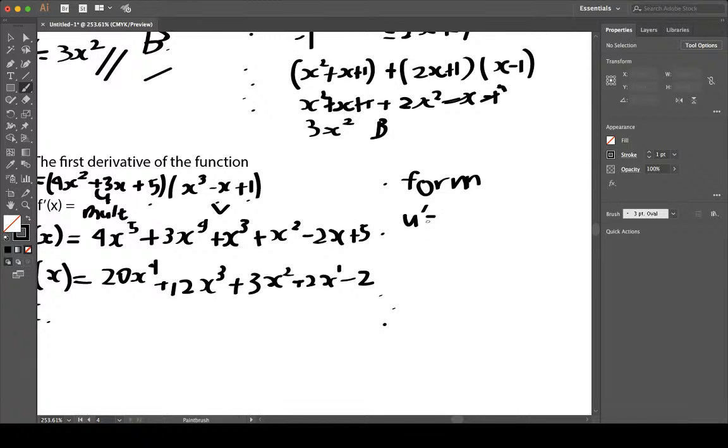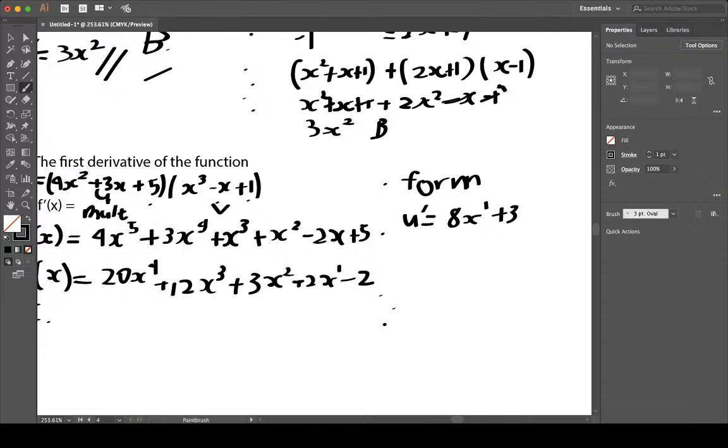U prime would be 4 times 2, that's 8, times x to the power of 2 minus 1, that's 1. Then add 3 times 1, that's 3, times x to the power of 1 minus 1, that's x to the power of 0, which is 1. And then plus 5, which would be plus 0, so we don't need to write that.